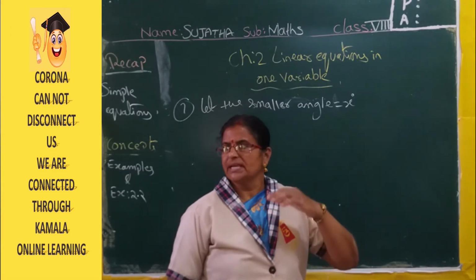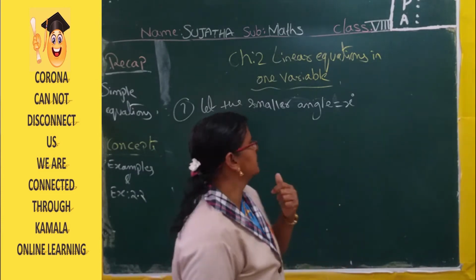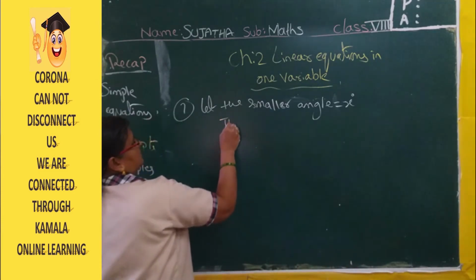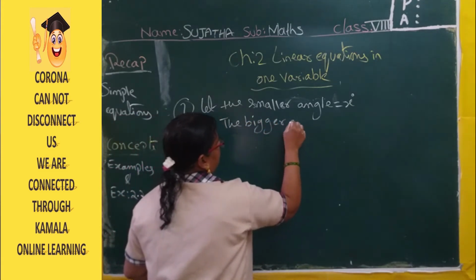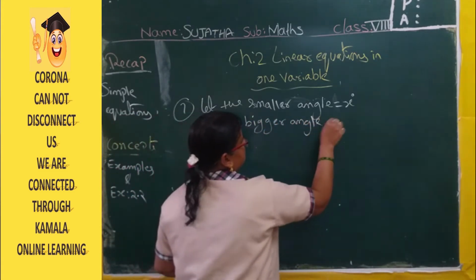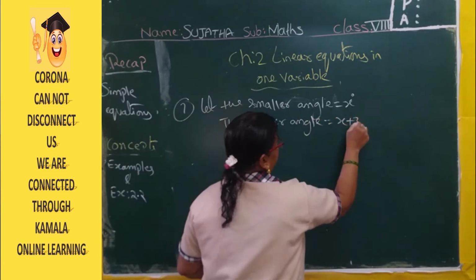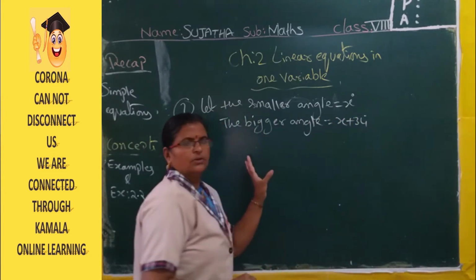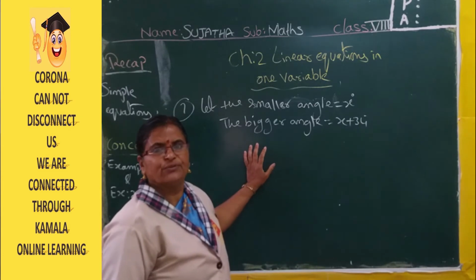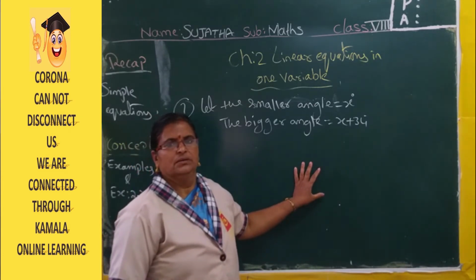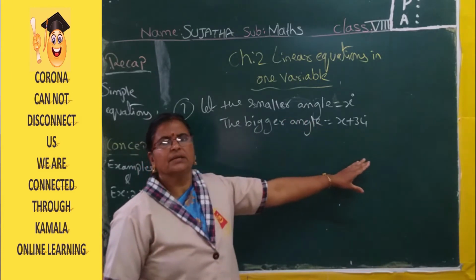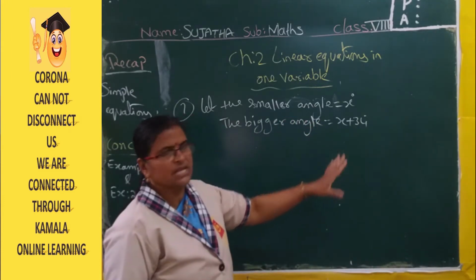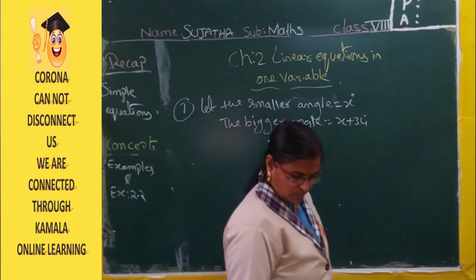So the second angle will be x plus 34 degrees. The bigger angle is equal to x plus 34. Otherwise, you can write, two angles differ by 34 degrees, so the other angle will be x plus 34. Like that also you can write, no problem.